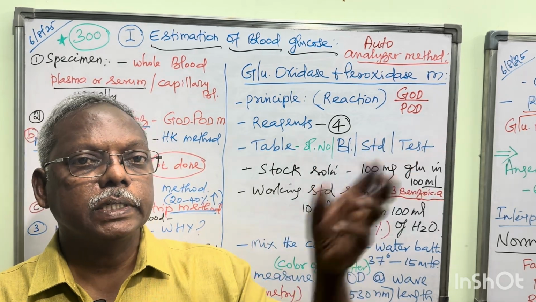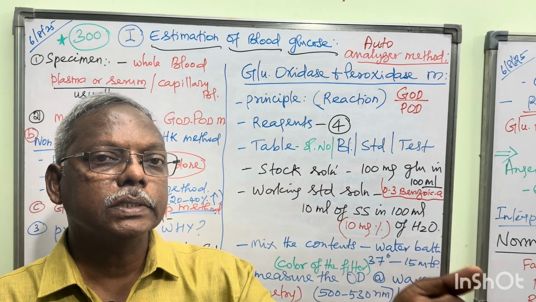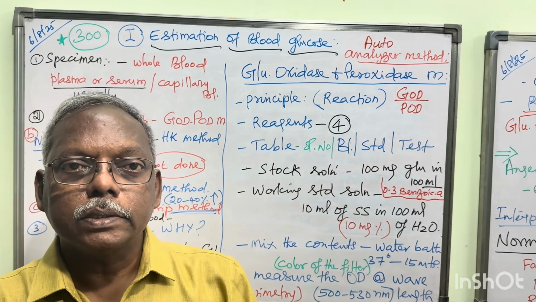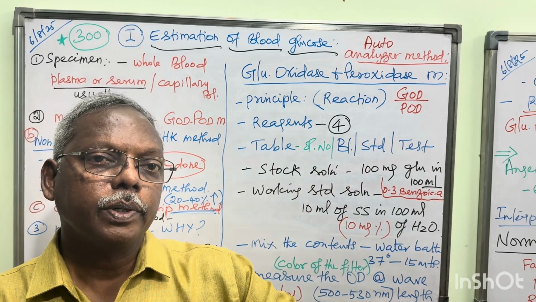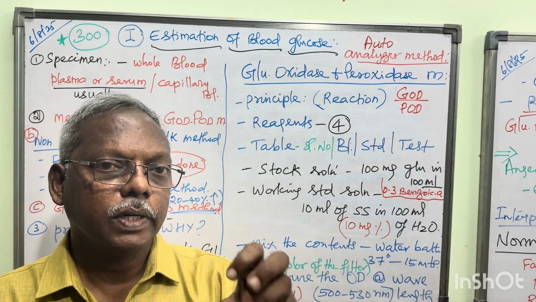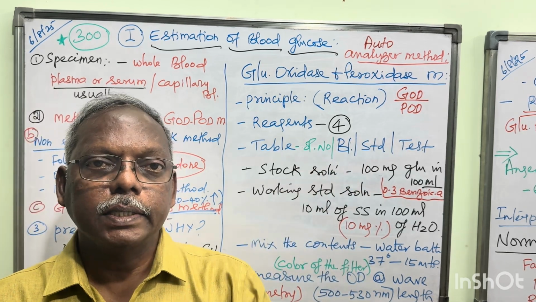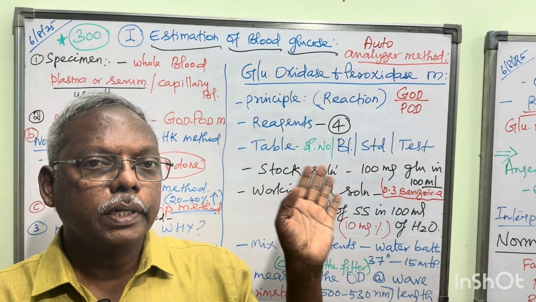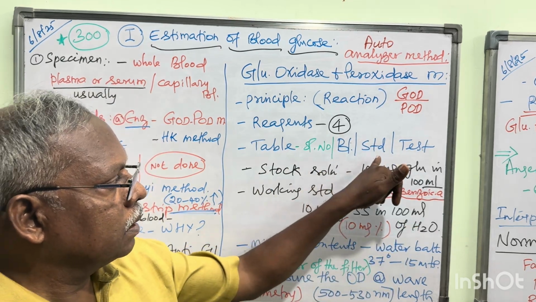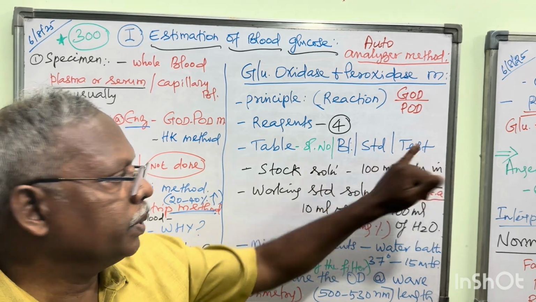Test means the patient sample: you are going to estimate the patient's blood glucose value. Standard means a known concentration prepared by your lab personnel, so you know the concentration value of that standard. Third is blank: here there is no sample, only distilled water, with the reagent.